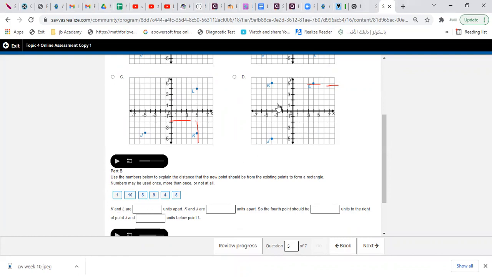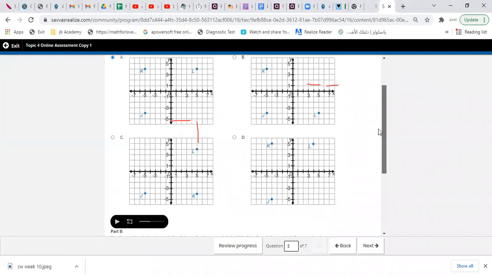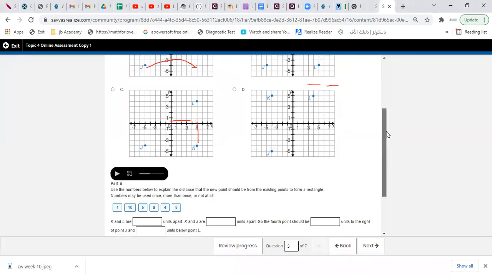Let's look at K and L. Here we have -5 to 5, 10 units. So the distance between K and L is 10 units. We can find it by counting.